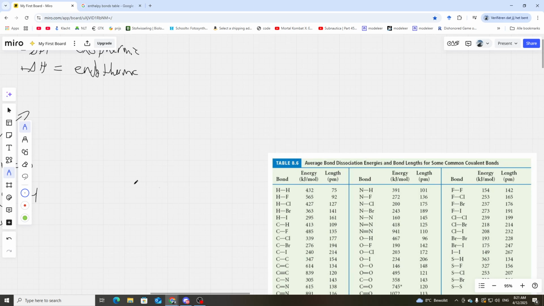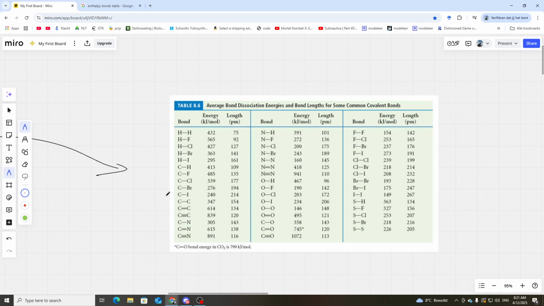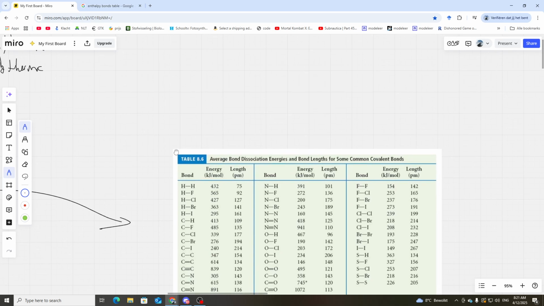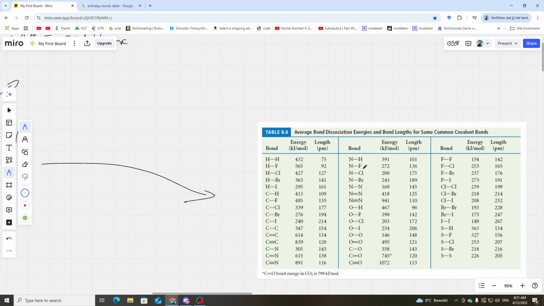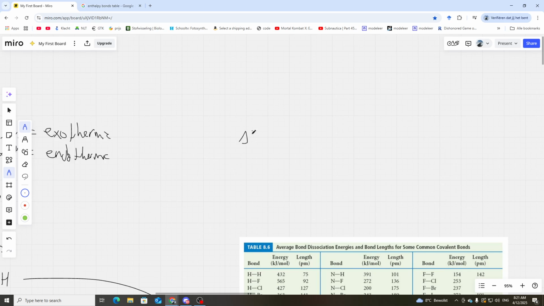Well, we have this beautiful, beautiful table over here that you've been probably seeing and crying about. And what we do with this is quite easy, but we need to get used to it. So let's first figure out how we can actually calculate delta enthalpy. Delta enthalpy can be calculated by the sum of the enthalpy of my reactants.